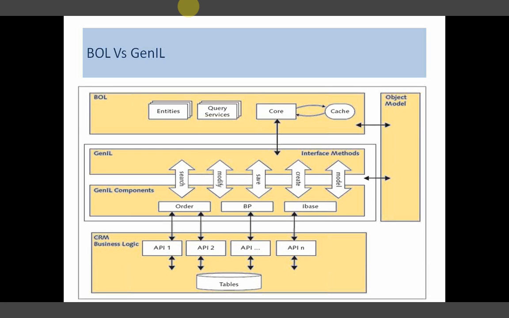For now, our purpose is to get more of an idea how the different layers look. So the point is BOL will be created at runtime. Means it will be instantiated when a user requests, and it provides these services to us.